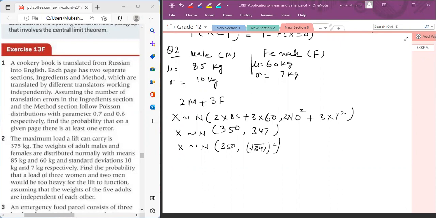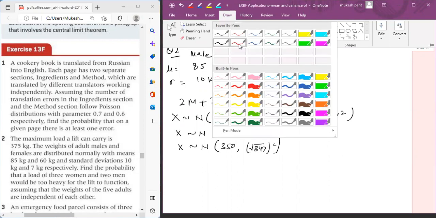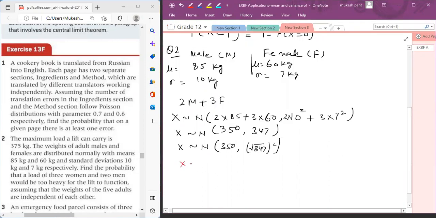Now I'm writing this in the standard form, because the standard form to write a normal distribution is X, normal, with mean and sigma squared, since we need the mu and sigma values to input in the calculator.